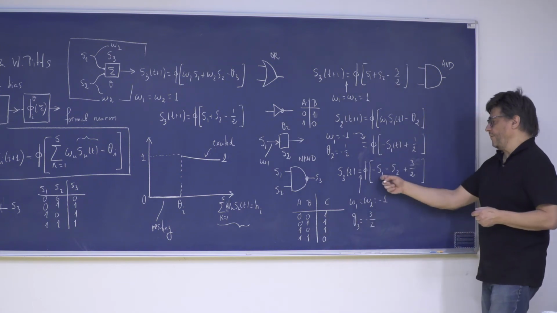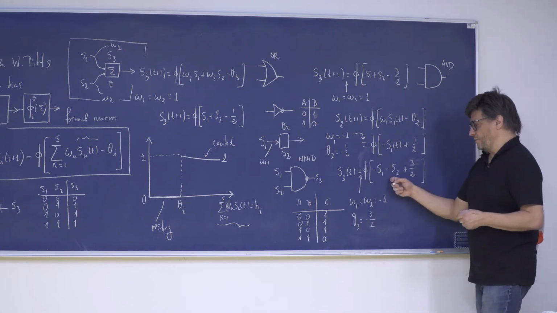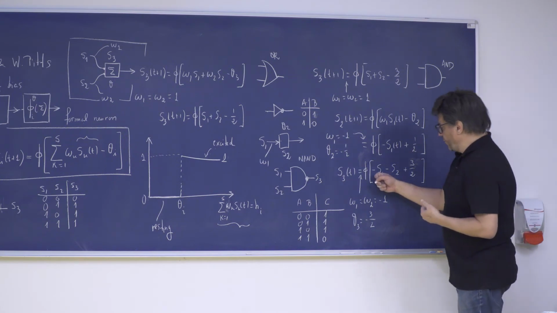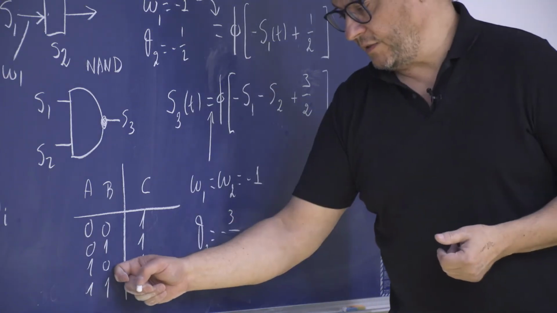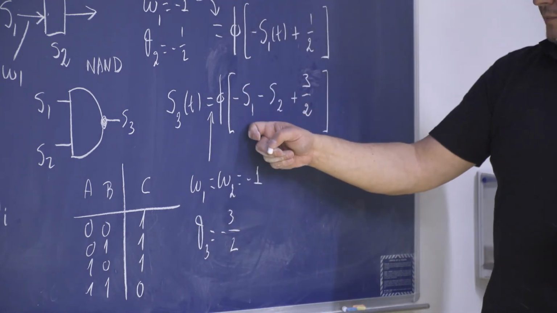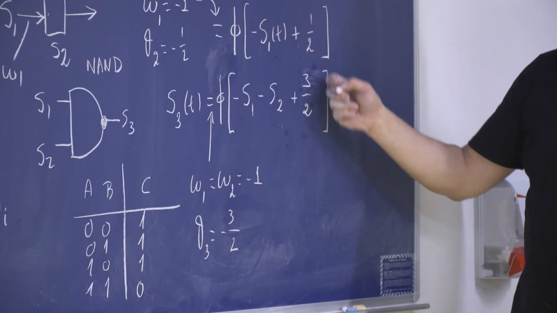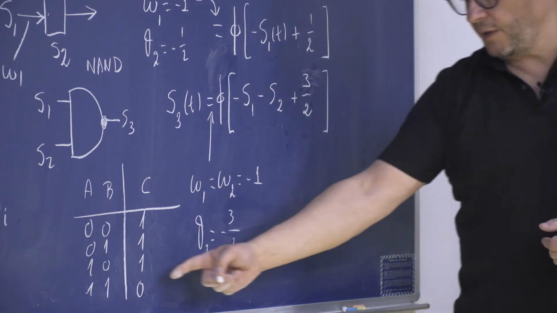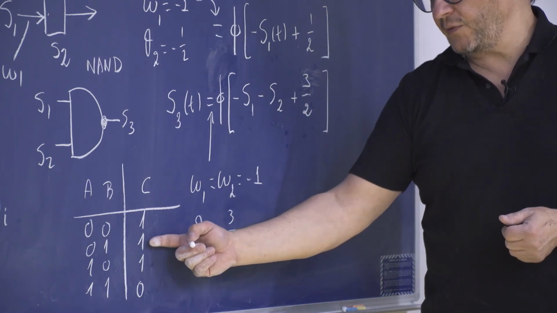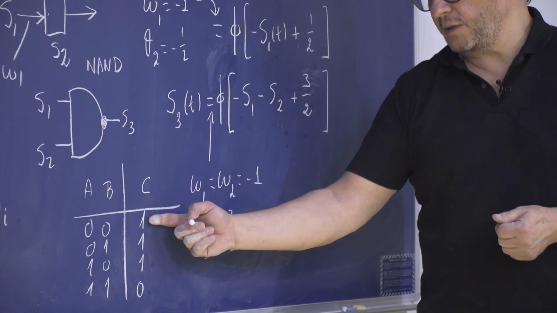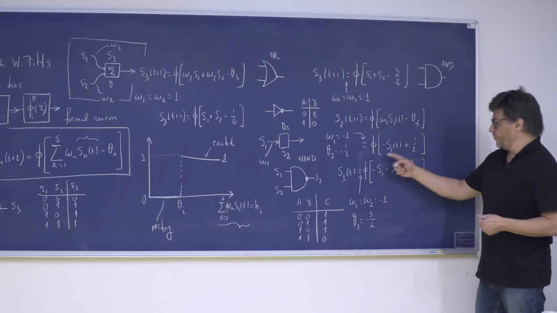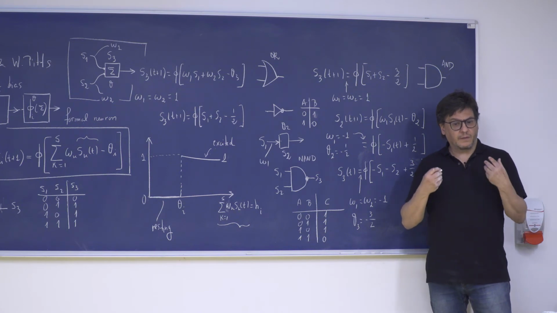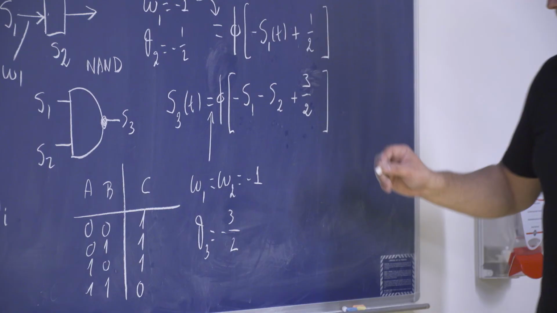Instead, if any of them is 1 or 0, so let's see, if I have 1, 0, I will have a minus 1, not enough to change the sign of 3/2, so this is positive, and the output is 1. The same happens with this number and this combination, right? So this effectively implements a neural NAND gate, right?